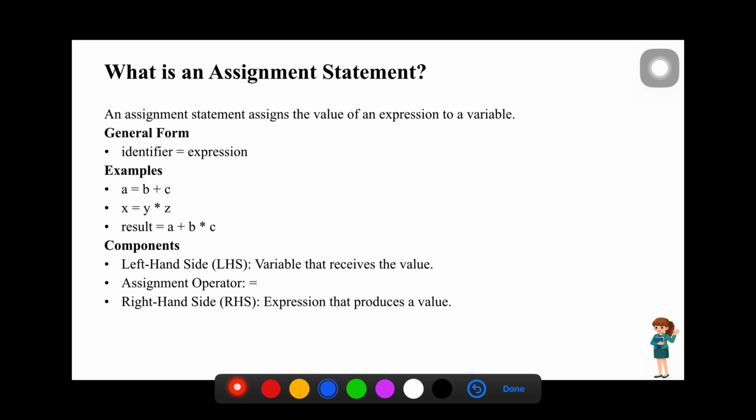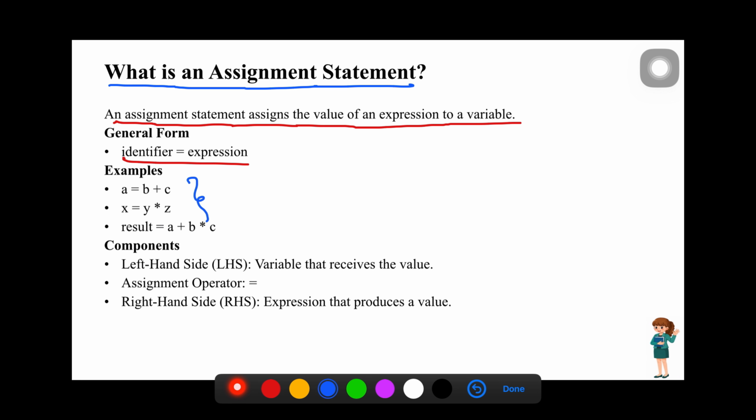What is an assignment statement? An assignment statement is used to assign a value to a variable. The general form is identifier equals expression. For example, A equals B plus C. Here A is a variable that receives the result. This is called the left hand side.